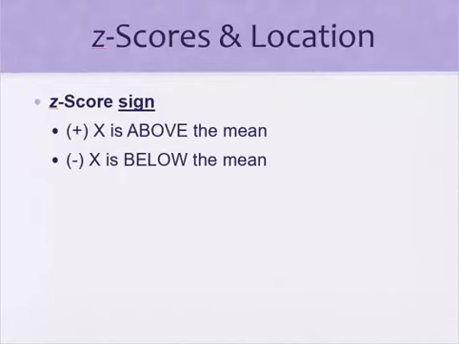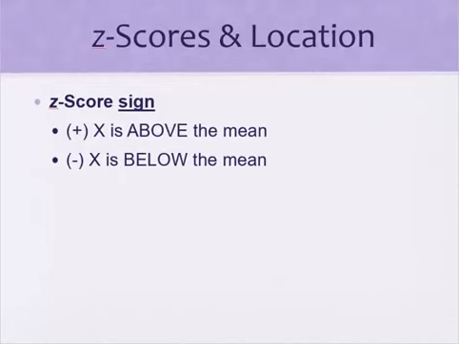So the z-score sign, right, whether there's a plus or a minus in front of the z-score, it indicates whether a score is above or below the mean, right? So a score that is plus something is above the mean. A score that is minus is below the mean. And this is as good a time as any to really reinforce this idea that you need to include the plus and minus sign whenever you compute a z-score, right?